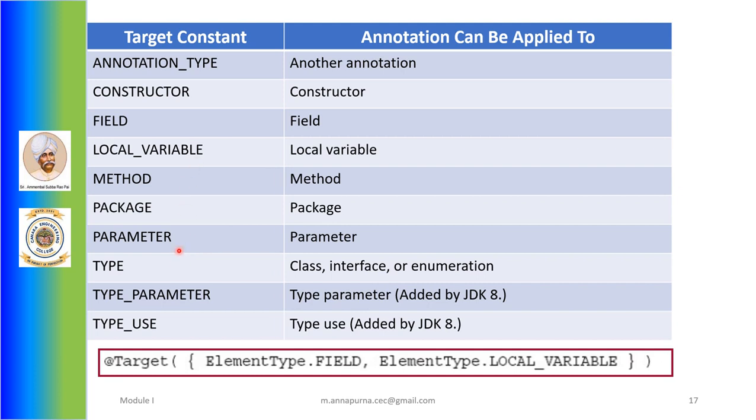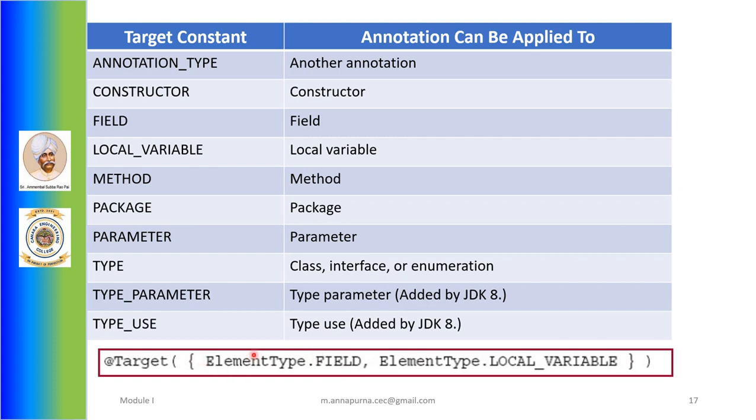These target constants specify the types of declaration to which the annotation can be applied. We can specify one or more of these constant values in a @Target annotation. To specify multiple values, we must specify them within a brace delimited list.